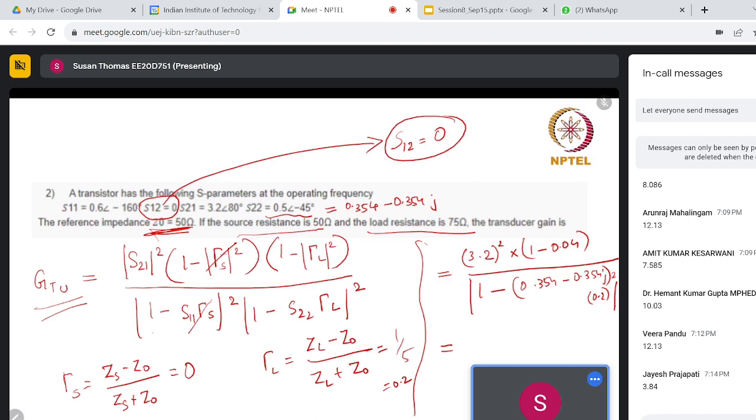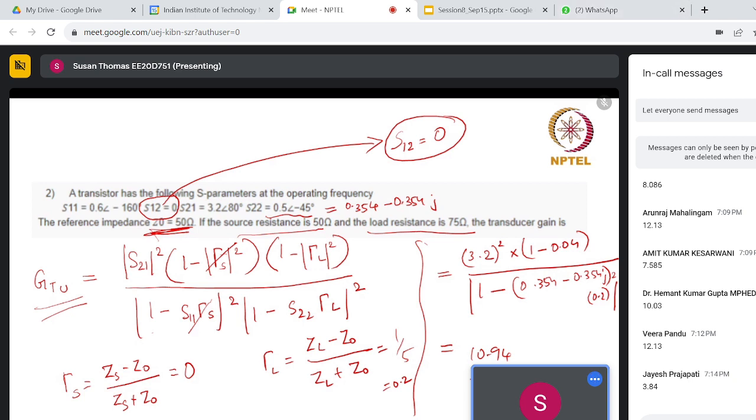So the final answer I am getting is 10.94. But I see that there are multiple answers. So probably I request everyone to recheck. I will also recheck.